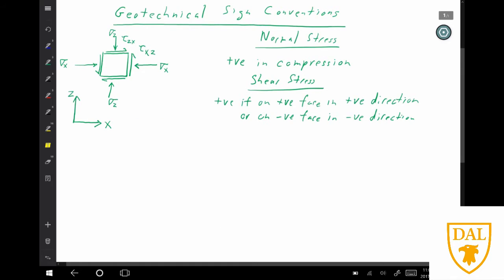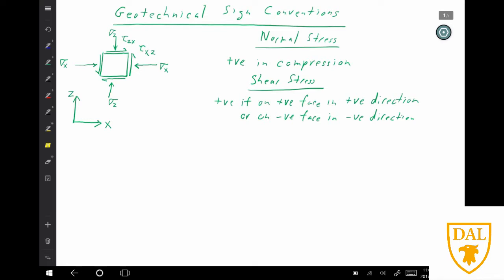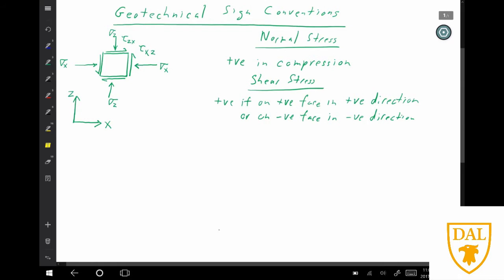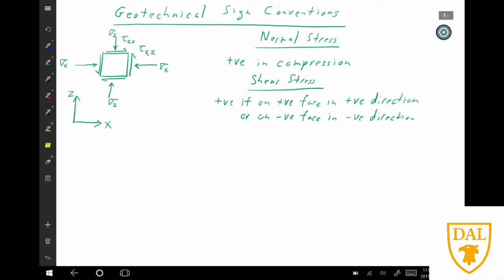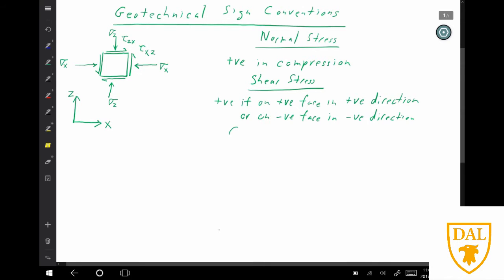But for Mohr circle and things like that, we need to have something defined as positive and negative, because in your Mohr circle you have to have some kind of positive and negative shear to execute properly. So right now we have overall positive shear stresses.